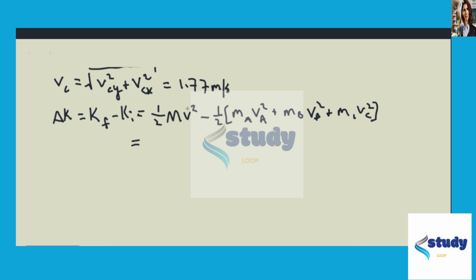And this being a completely inelastic collision, or indeed for any inelastic collision, we expect this to be negative. And fortunately for us, that is exactly what happens. So it's negative 0.092 joules.